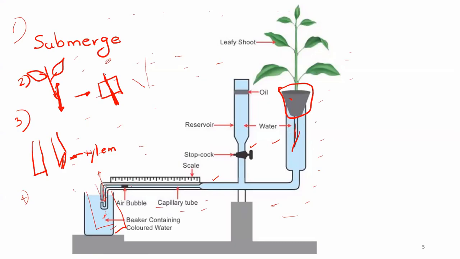Only one air bubble. Then after, again we can place this capillary tube into the beaker. Okay, is it clear? All four steps, is it clear?